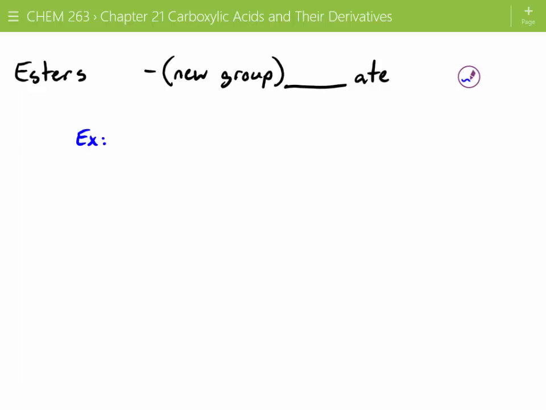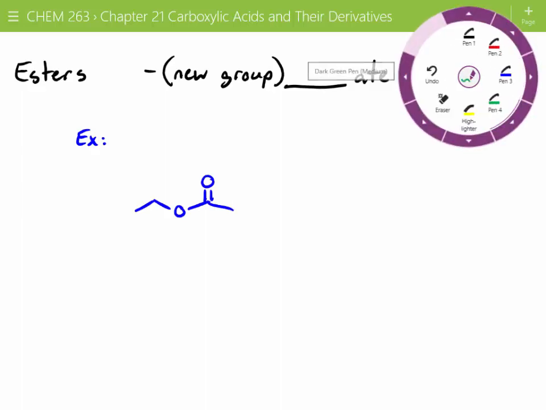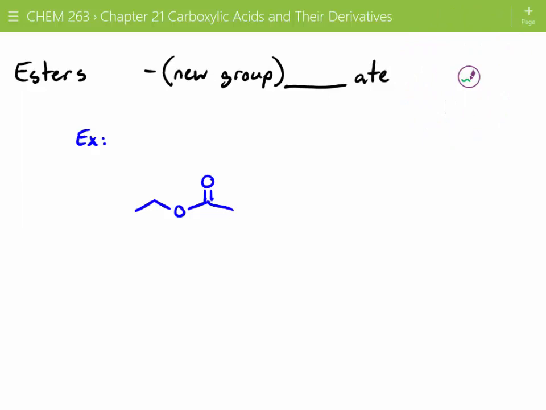Let's take a look at this compound. We have an ethyl group coming off where the carboxylic acid proton used to be. So this is an ethyl.